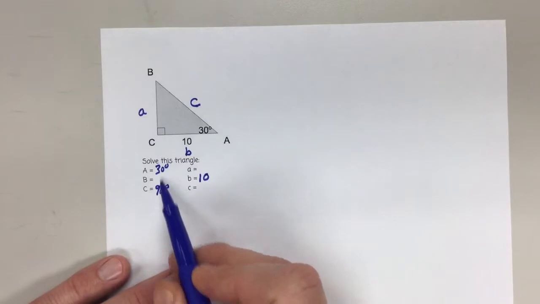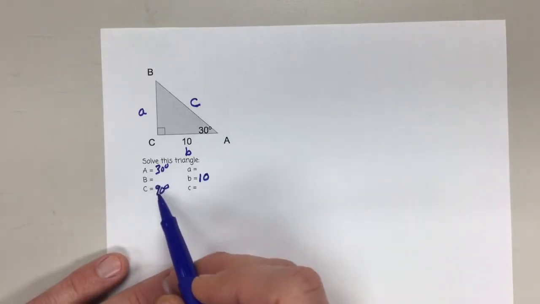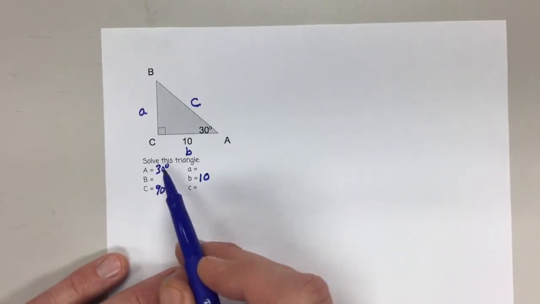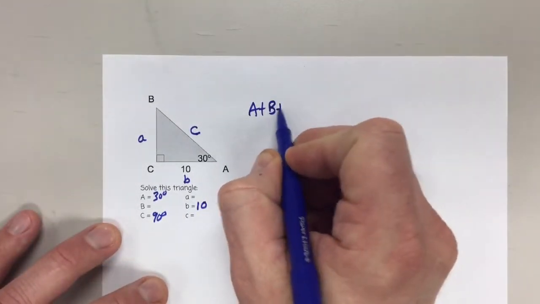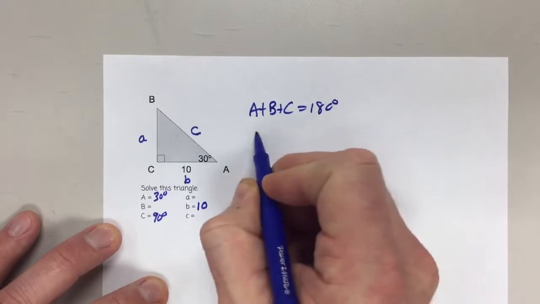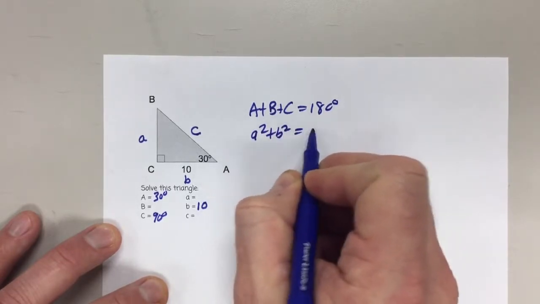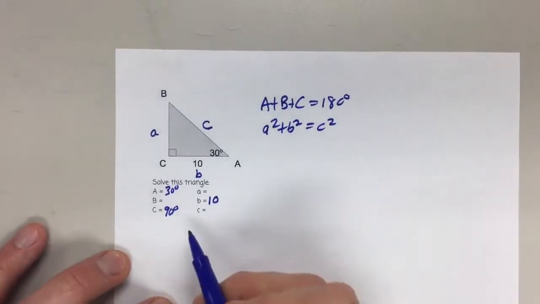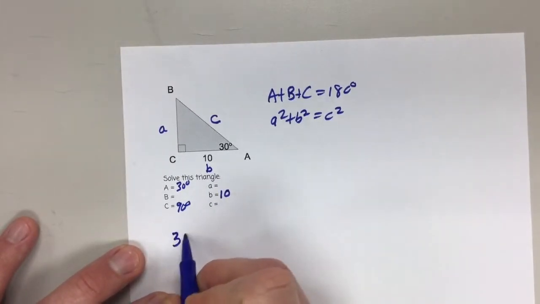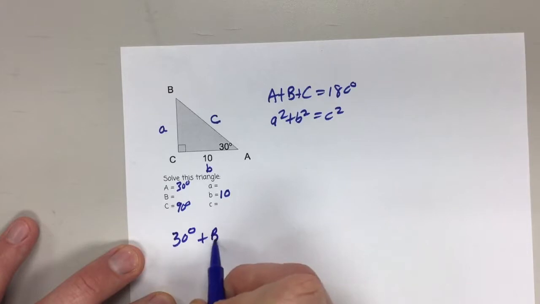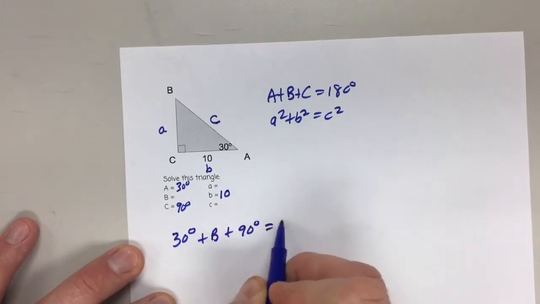Well, anytime you have 2 angles or 2 sides, I can use one of those equations I have. Remember, my 2 equations are that the angles add up to 180 or the sides follow the Pythagorean theorem. So I'm going to use A plus B plus C is 180 to find B. So 30 plus B plus 90 should equal 180.